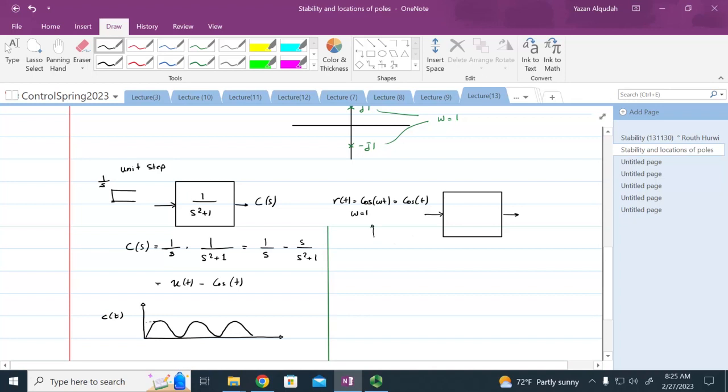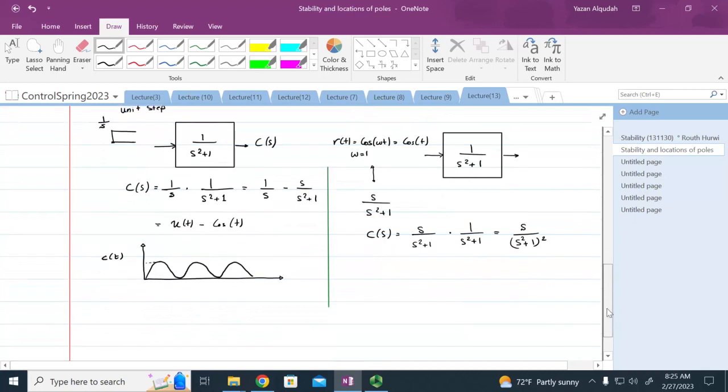We're going to take the Laplace of the cosine, which is s over s squared plus 1, and multiply it by the system, which is 1 over s squared plus 1. Therefore, C of s equals s over s squared plus 1 multiplied by 1 over s squared plus 1, which equals s over (s squared plus 1) all squared.